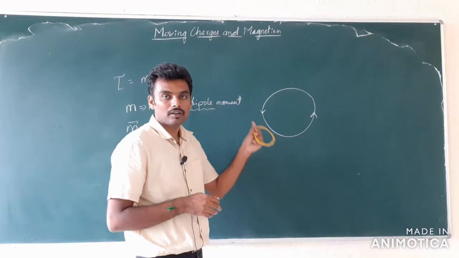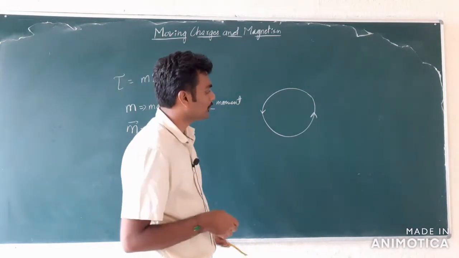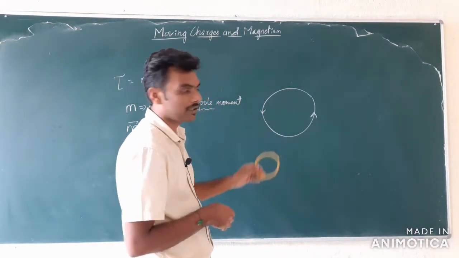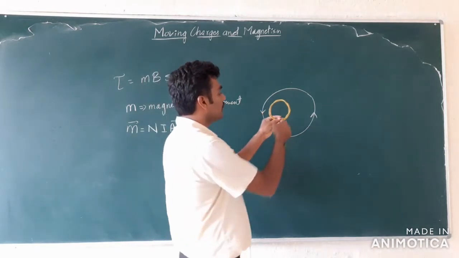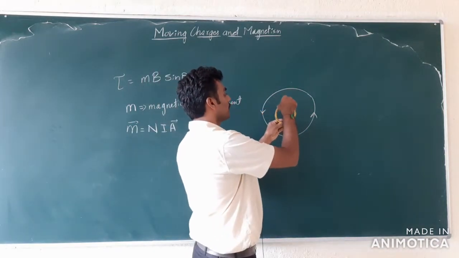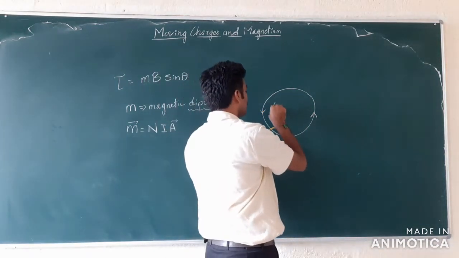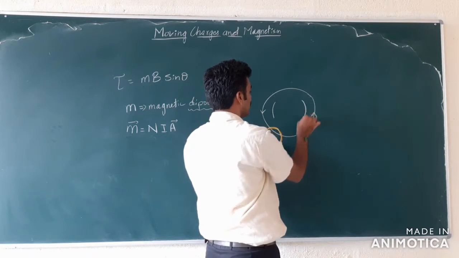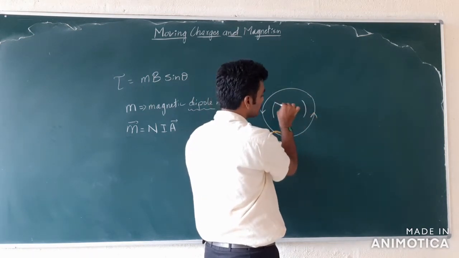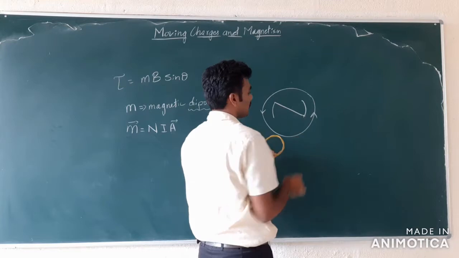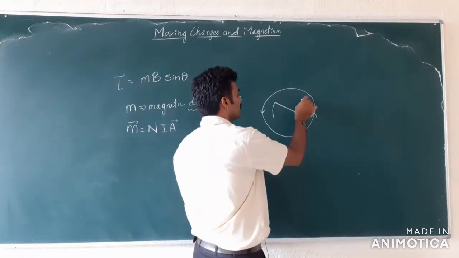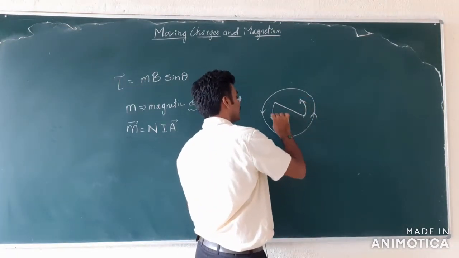The other way of remembering the poles of a current carrying coil is as follows. If the current is flowing like this, you can make a shape out of it like this, right? This is how the current is flowing.